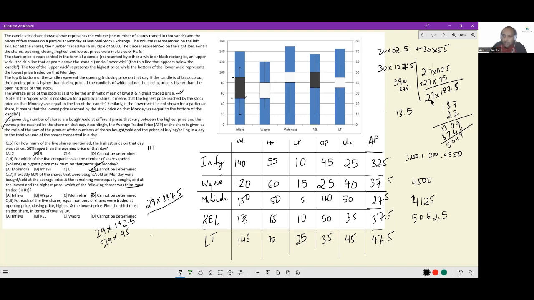All I can see is previously I had to do 27 into 187.5 and I got 5062.5. Here both the constituents are higher than the previous. Both the 29 is higher than 27 and 237.5 is higher than 187.5. So clearly this will be the highest.